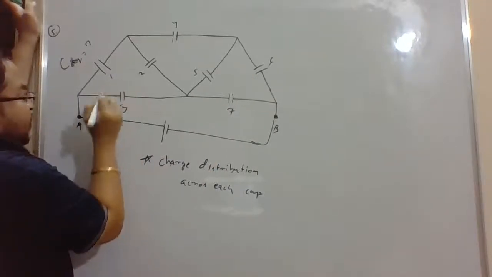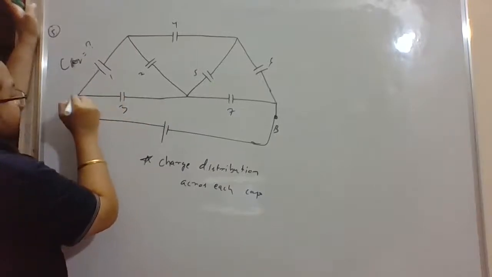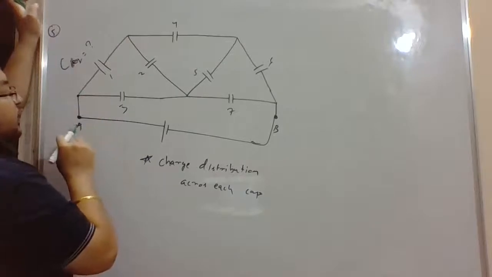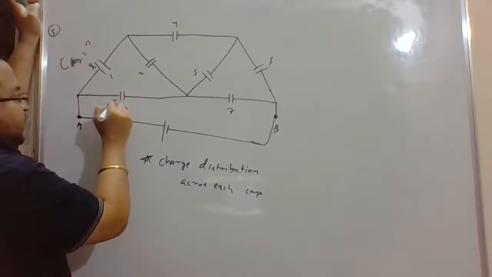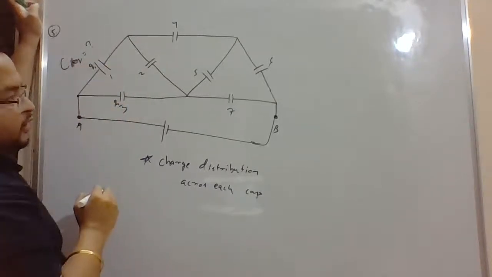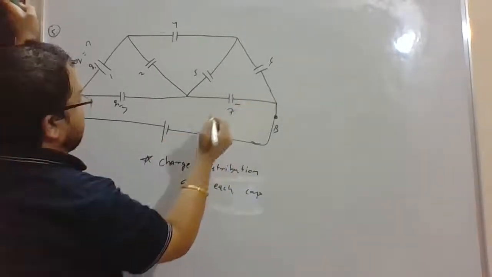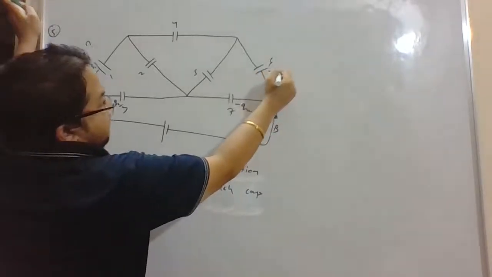So at this end of capacitor number three, if you see, charge q is coming up to here, and here it will get divided. Say this part is getting charge q1 and this part is getting charge q2. When you go from the negative side, this part will get minus q2 and this part will get minus q1.